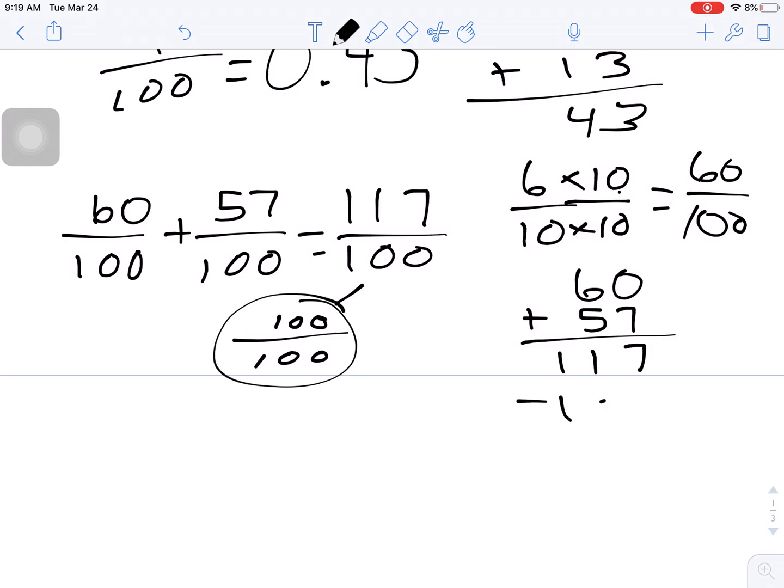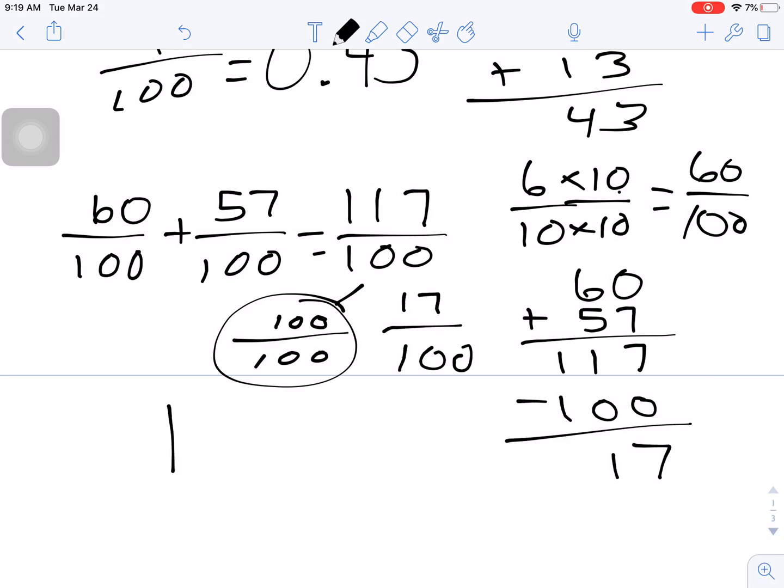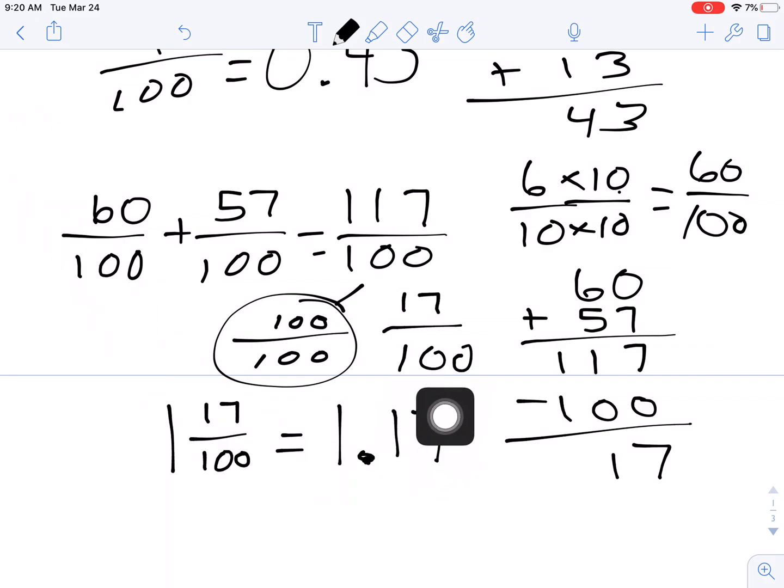So I'm going to take away the 100 from those 117, and that leaves me 17. So I have now 17 hundredths. When I write this as a fraction, I would say 1 and 17 hundredths. As a decimal, I would say 1 and, with my decimal point, 17, ending here in the hundredths place.